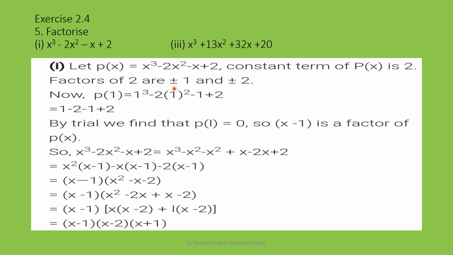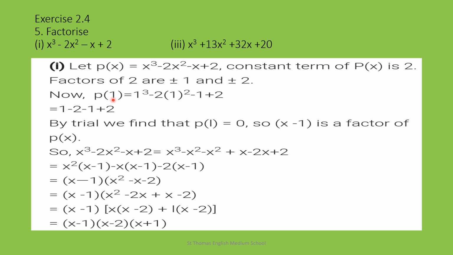From this, take any one factor and check which factor comes as a 0 of the given polynomial. That means you take a number and find p of that number. If you are getting 0 as the answer, it is a factor. So take first plus 1.